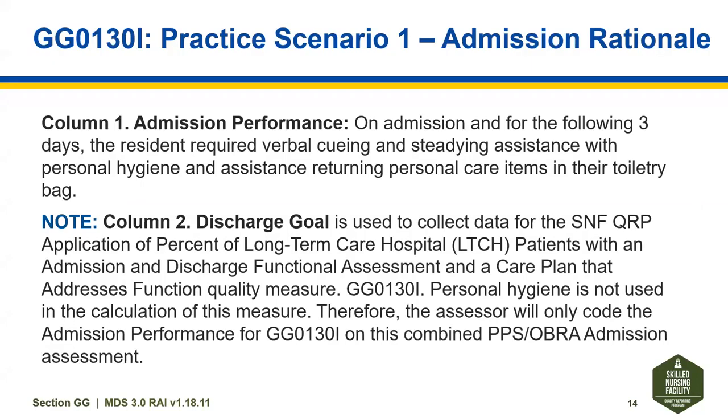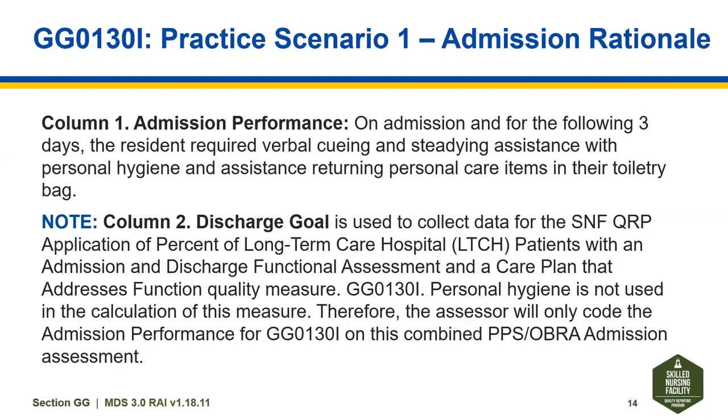So column 1, admission performance. On admission and for the following 3 days, the resident required verbal cueing and steadying assistance with personal hygiene and assistance returning personal care items in their toiletry bag. Please note that column 2, discharge goal, is used to collect data for the SNF QRP application of percent of long-term care hospital patients with an admission and discharge functional assessment and a care plan that addresses function quality measure.